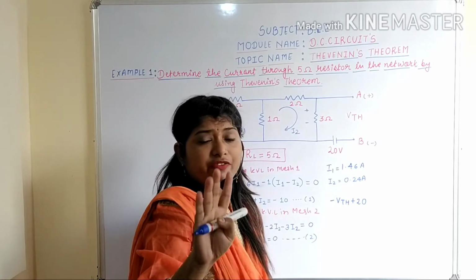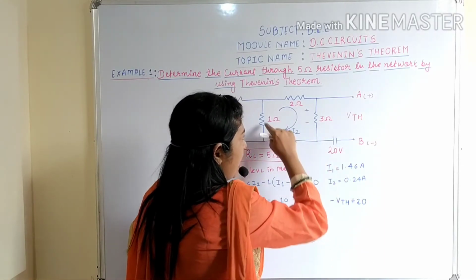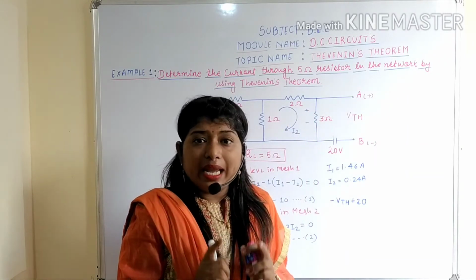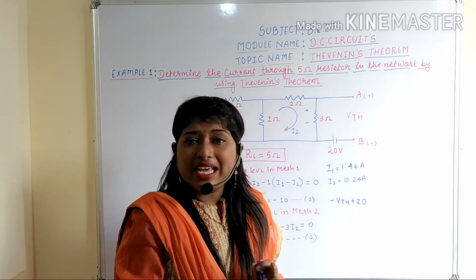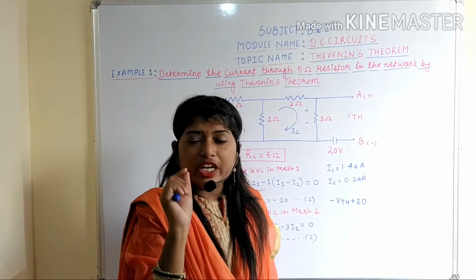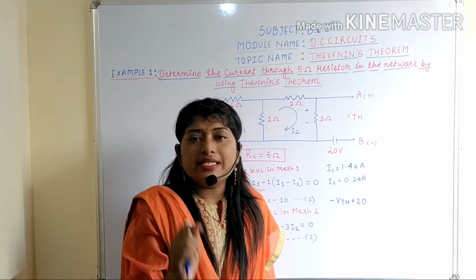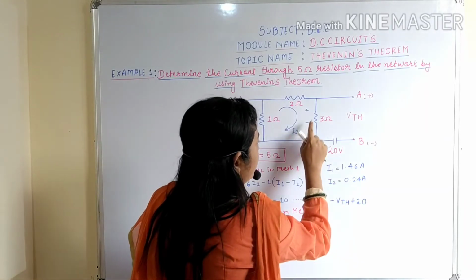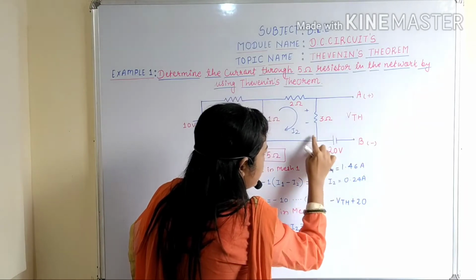As per the sign convention, if the direction of the current and the polarity assigned to the resistor are in the same direction, then the voltage drop across that particular resistor is given by V is equal to plus I into R. Am I right? So here the direction is plus and negative, but I am applying KVL in this direction.